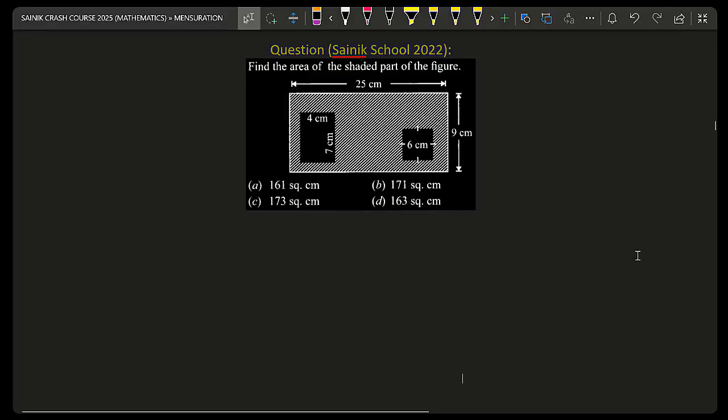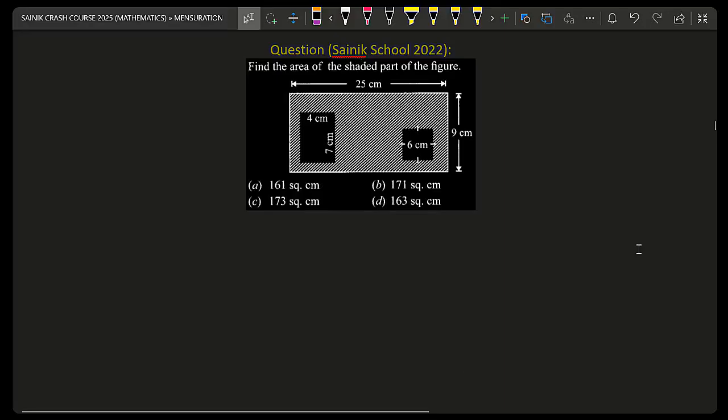Sir, first you find the area of the outer rectangle. After that, we have to find the inner rectangle and square area. And subtract. Yes, very good.